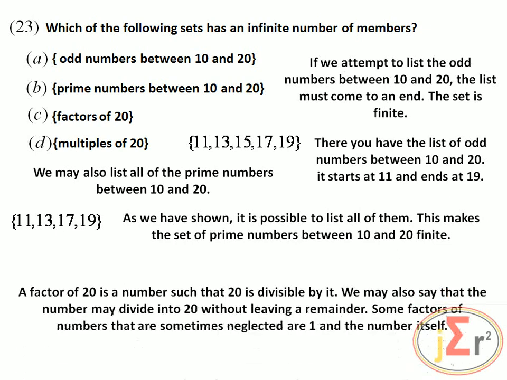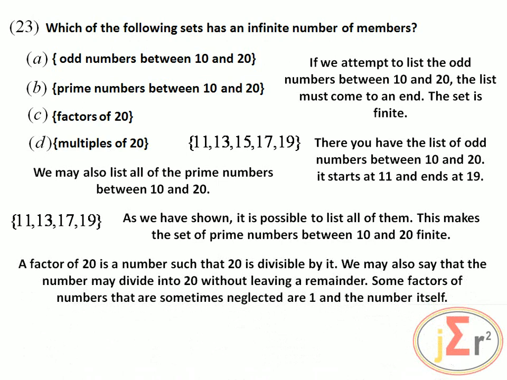It is finite. A factor of 20 is a number such that 20 is divisible by it. We may also say that the number may divide into 20 without leaving a remainder. Some factors of numbers that are sometimes neglected are 1 and the number itself.